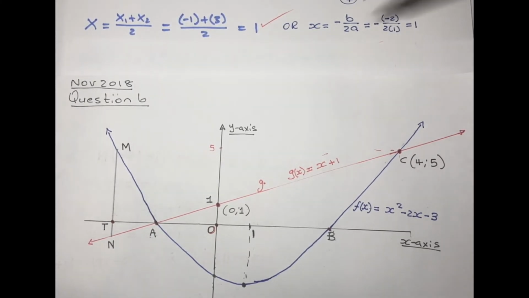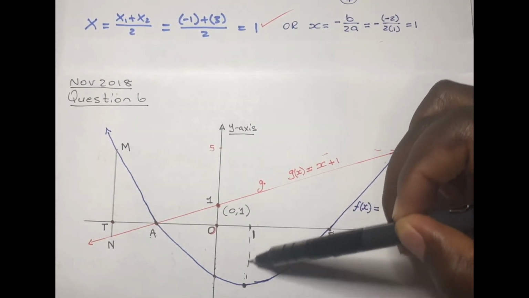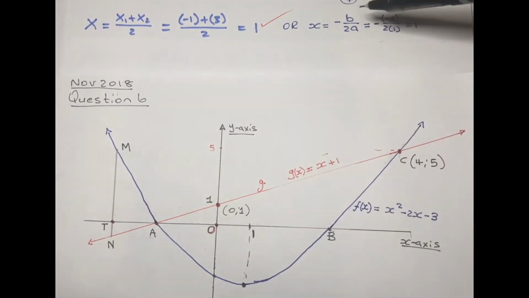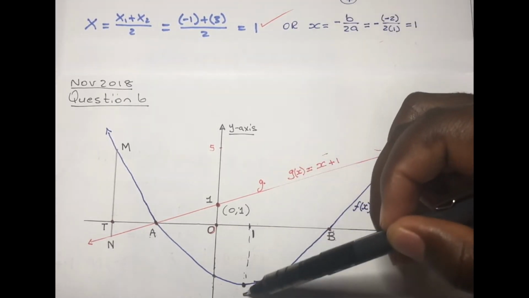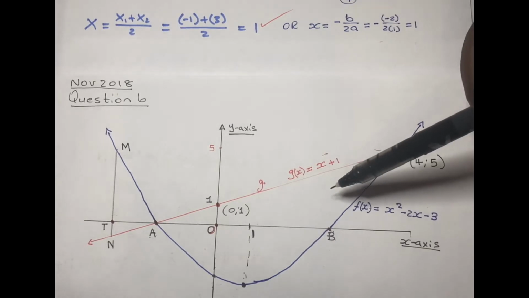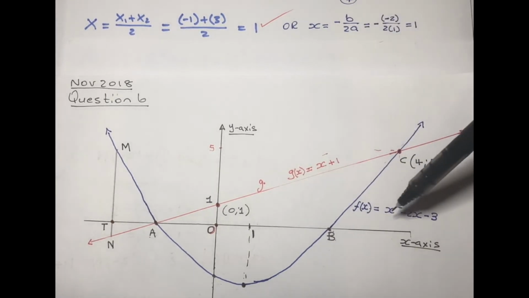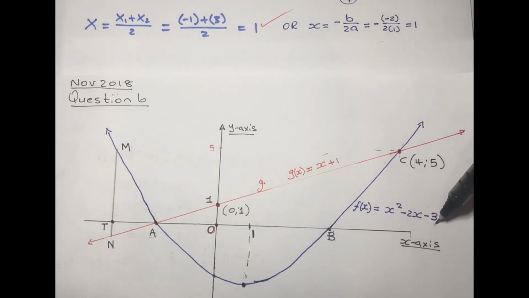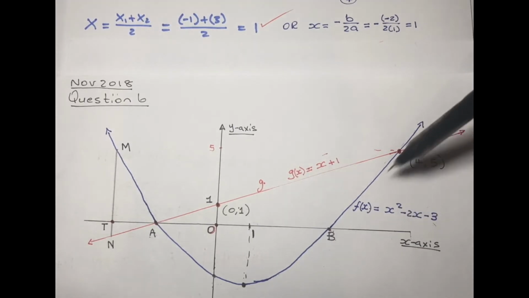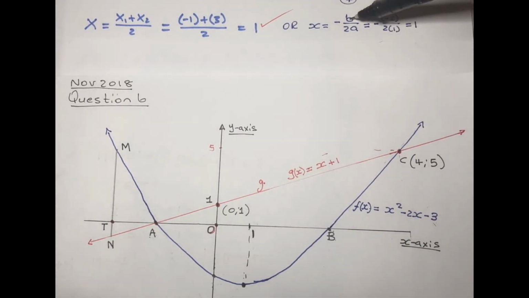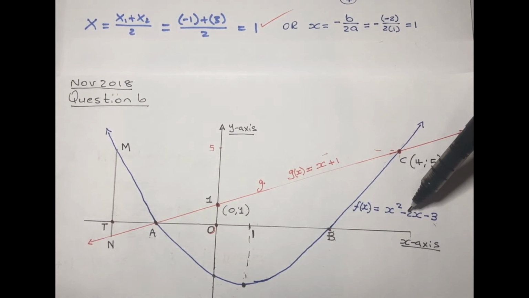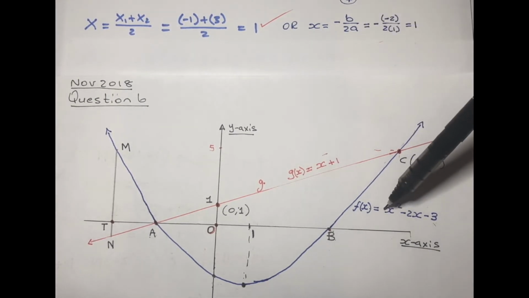Alternatively, you can use this formula to calculate the axis of symmetry, which is that axis. If you use this formula, it gives you the x value at the turning point of a given graph. It only applies if you are given the equation or the formula of that graph. So you know your b is minus 2, and your a is positive 1.